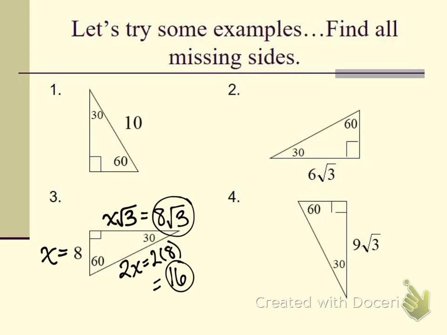So let's try it again on number 4. Based on our diagram, the side across from the 30 should be labeled. Who can raise their hand and tell me? Anaya. X. According to the diagram, the side across from the 60-degree angle should be labeled what, Julian? X radical 3.